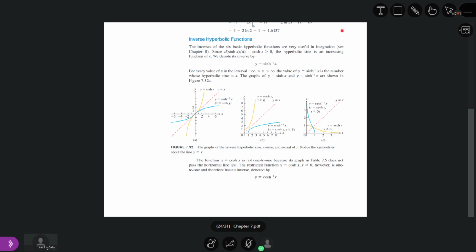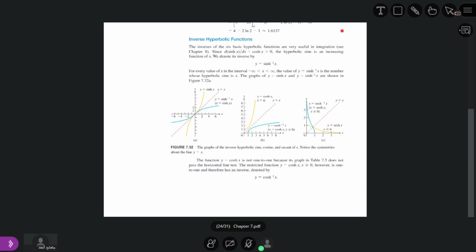What will we do? We will have the first step. Let y be equal to cosine hyperbolic inverse x.